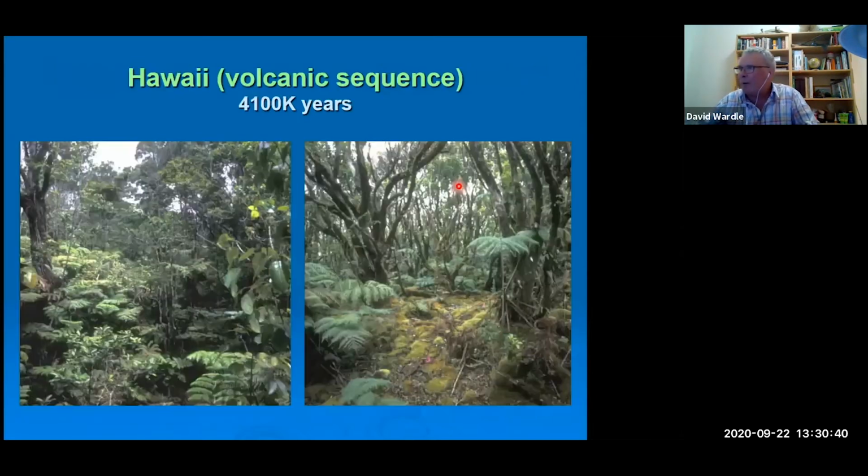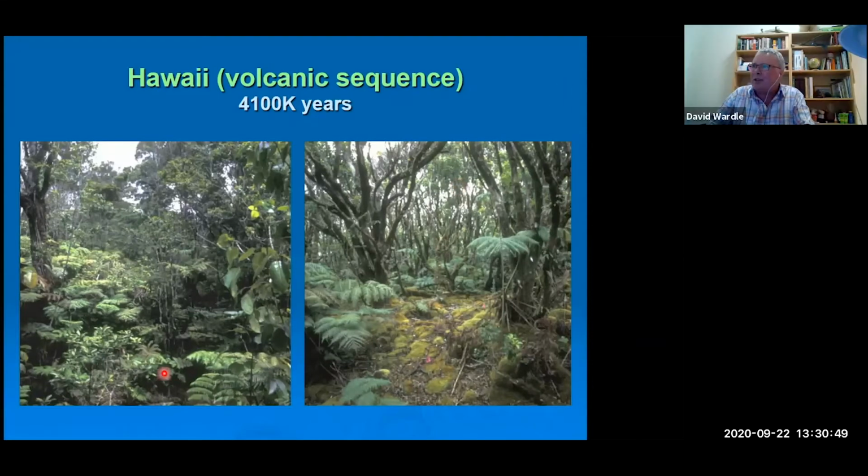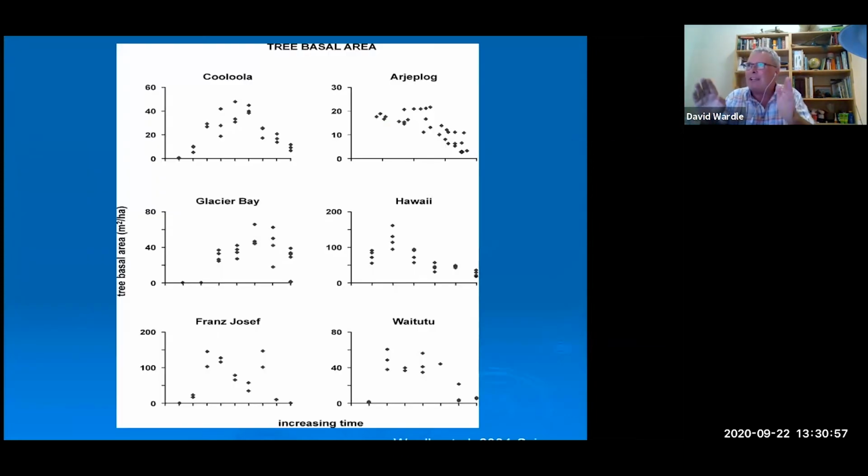And finally, a rather well-established chronosequence across the Hawaiian island chain, across a volcanic system, young surfaces, high biomass, 4 million years since disturbance, much less biomass. So this summarizes in a very brief way the sort of initial results we got from the system.